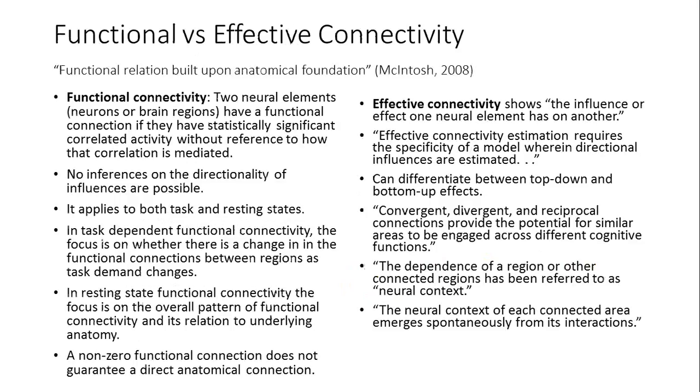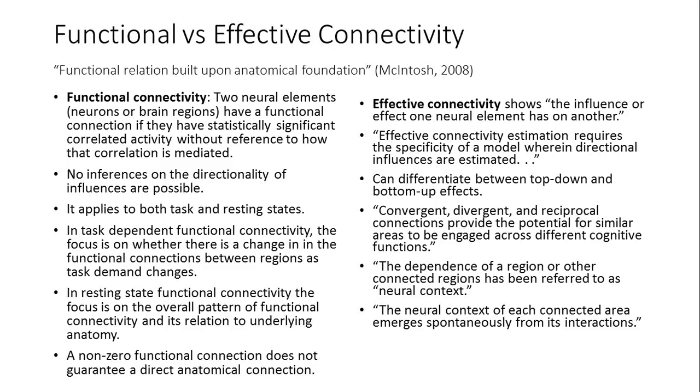When we're looking at coherence, we also have to look at it from two perspectives, from functional connectivity and effective connectivity. So functional connectivity says two neural elements have a functional connection if they have a statistically significant correlated activity without reference to how that correlation is mediated.